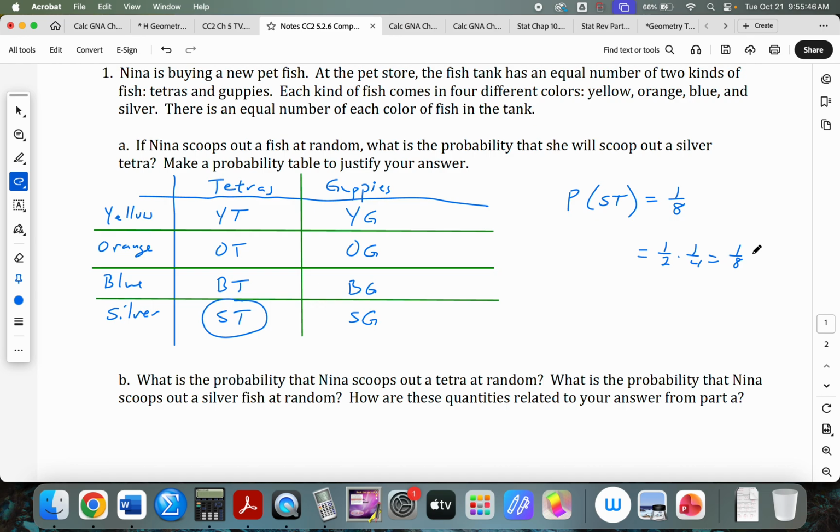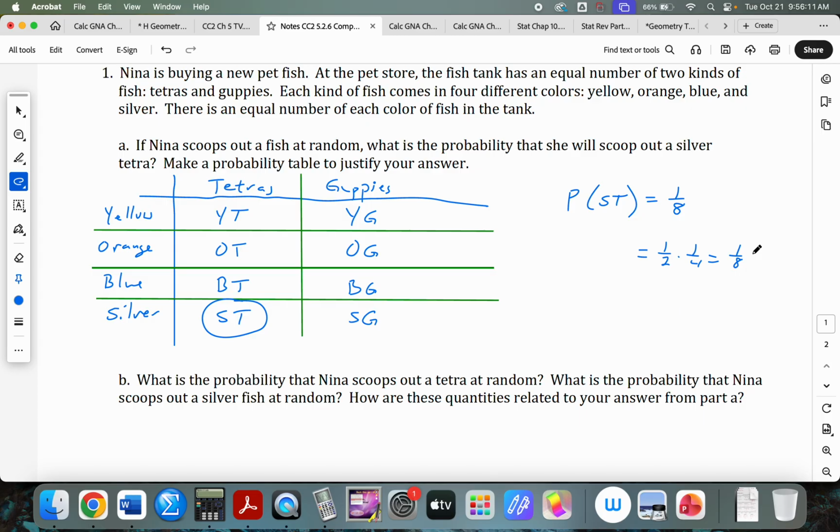So you just put 1/8, and then for the homework one, since it's asking for a whole number of how many outfits, it was asking how many possibilities. Here, there are 8 possibilities. The probability of getting a silver tetra is 1 out of 8.